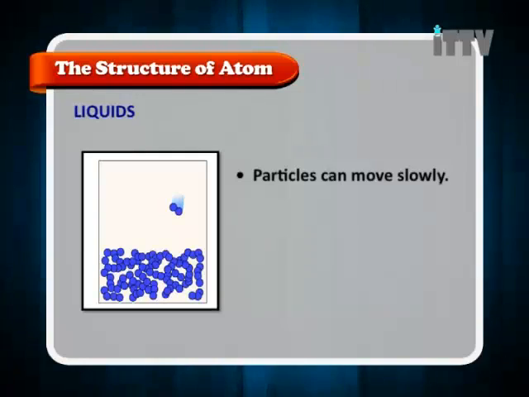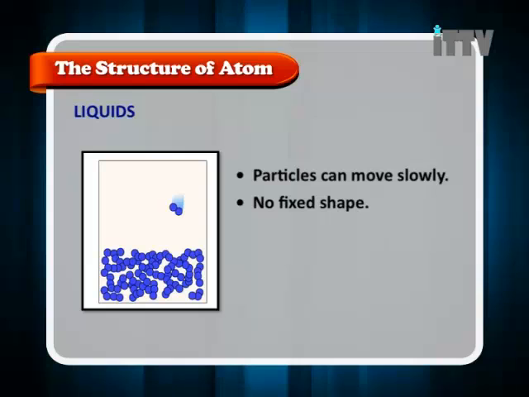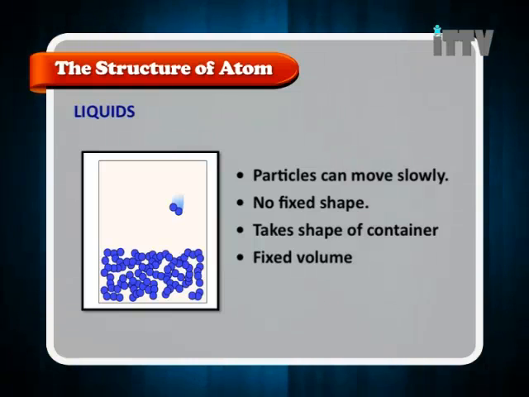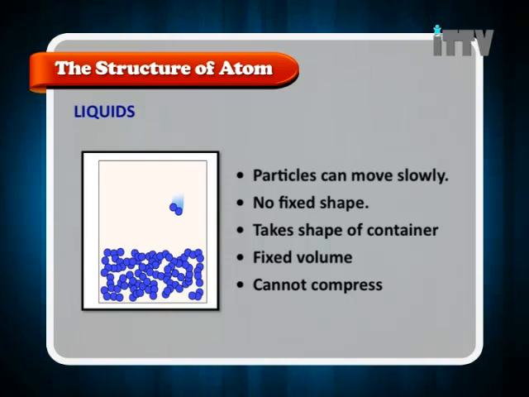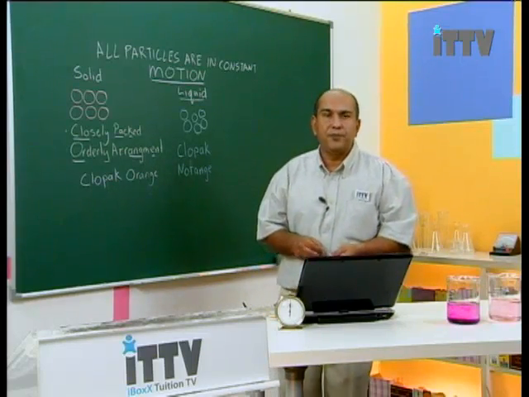Key points: particles can move slowly, no fixed shape, takes shape of container, fixed volume, cannot compress. So these are the other key points of a liquid that you need to know.